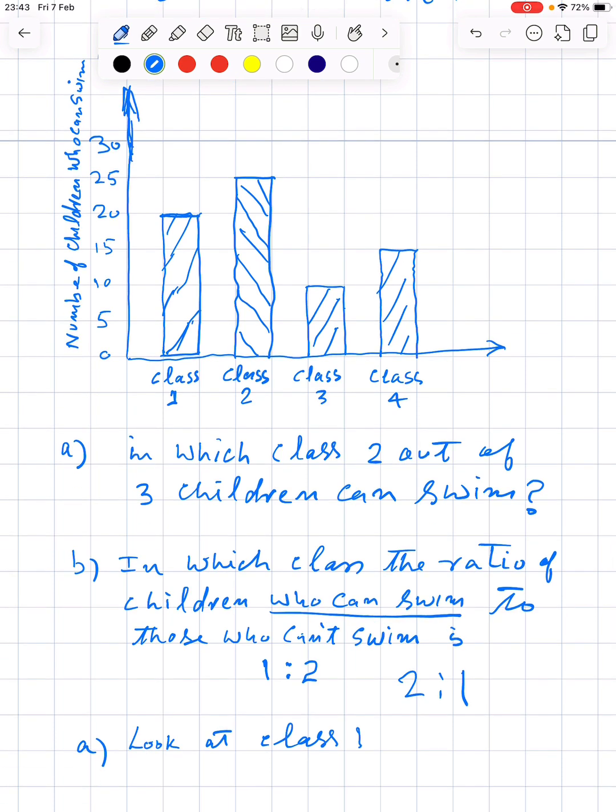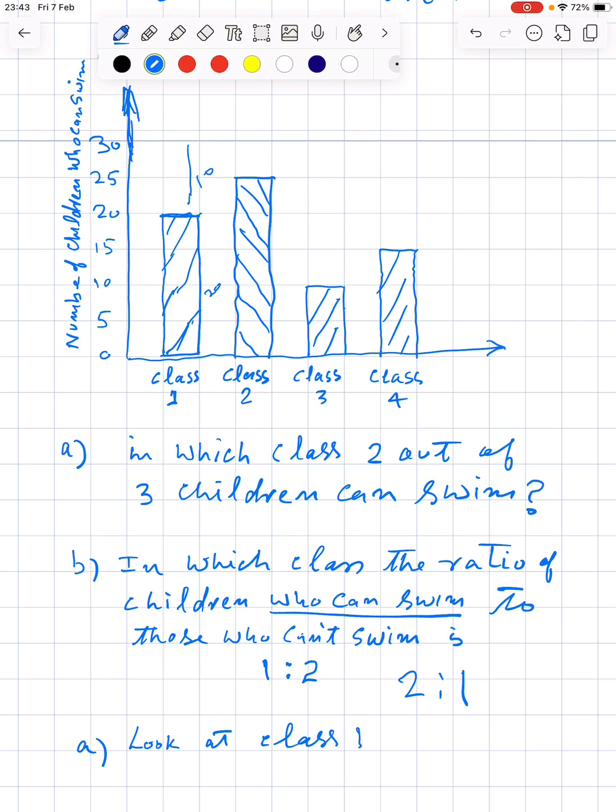So if we look at class 1, 20 can swim and 10 can't swim. That gives 2 out of 3 can swim. So these are 20 and these are 10.